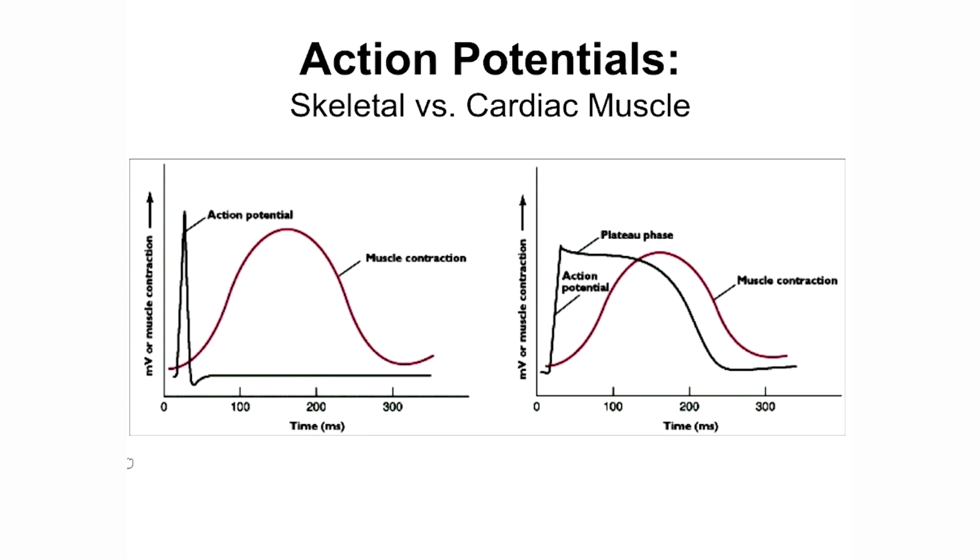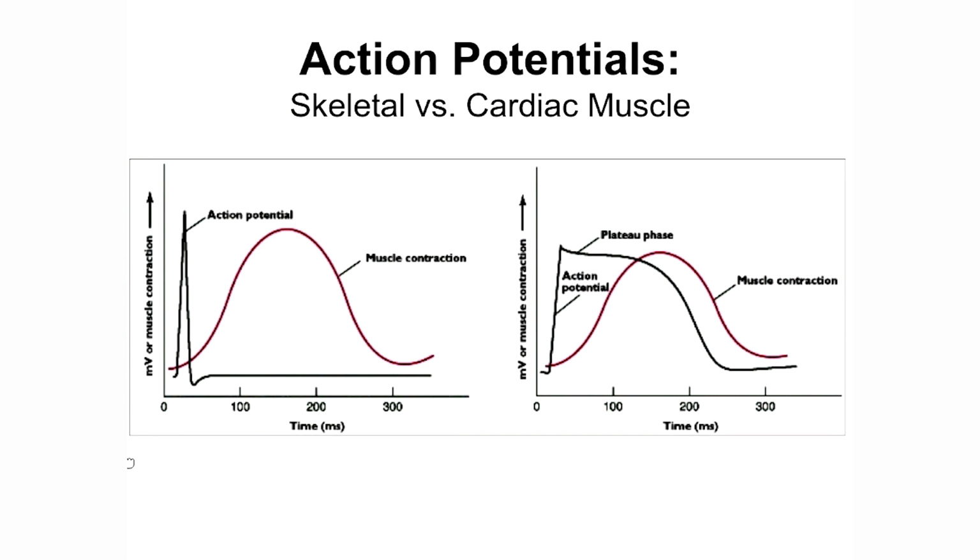And because we can so rapidly stimulate a skeletal muscle, skeletal muscles don't have enough time in between the signals telling them to contract to actually relax. And this allows skeletal muscles to have a sustained contraction, to kind of hold that contraction for a period of time.